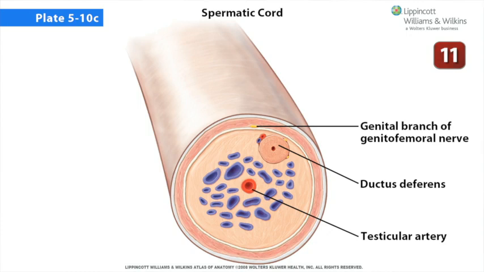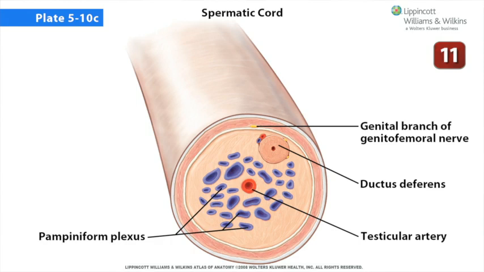The testicular vein begins in the pampiniform plexus of veins, a network of veins that wraps around the testicular artery and is thought to be involved in thermoregulation of the blood entering the testis.